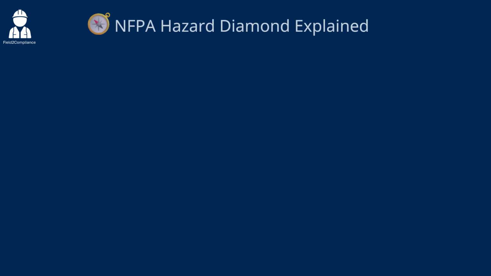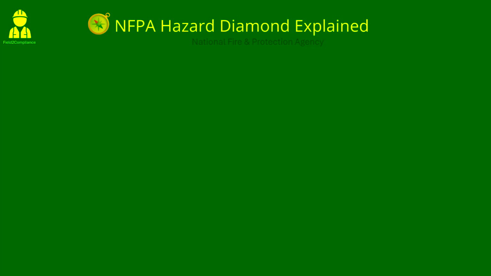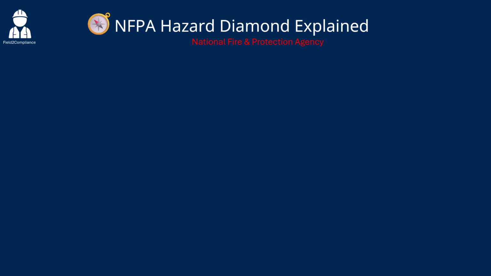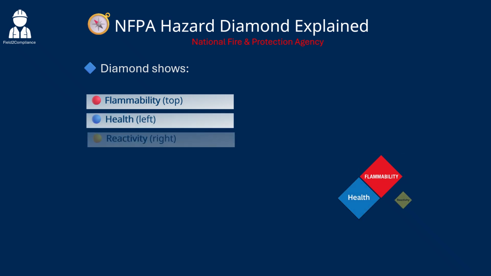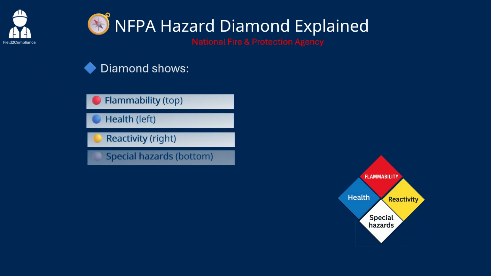The NFPA hazard diamond is a fast visual way to communicate chemical risk. Each color and position tells a different story. Red at the top means flammability. Blue on the left signals health hazards. Yellow on the right shows reactivity, and white at the bottom is for special hazards.